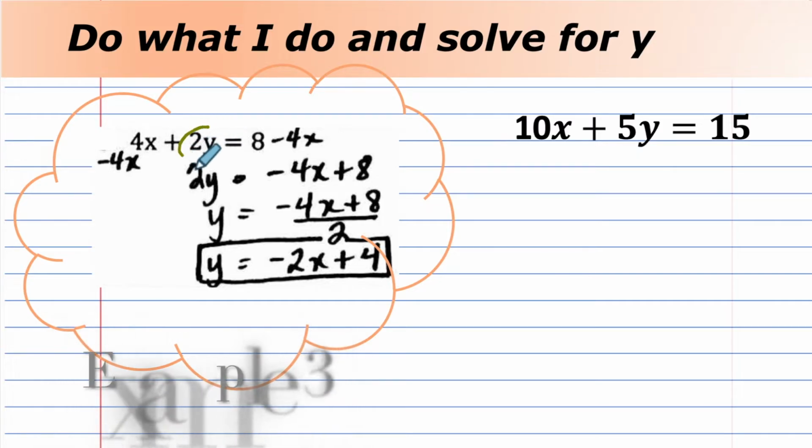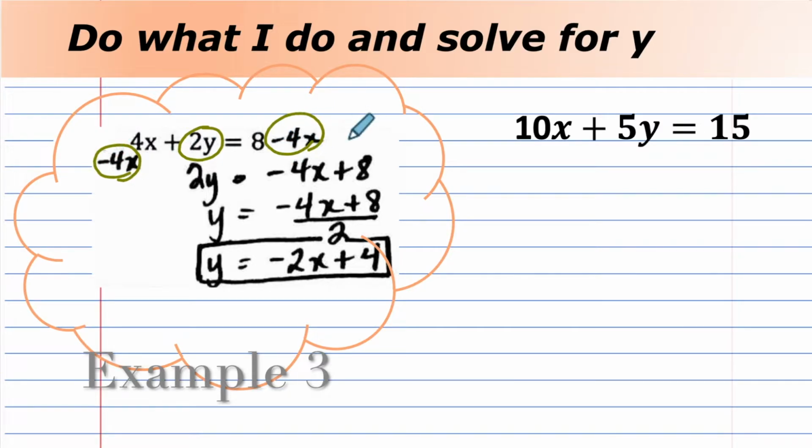First step, looks like I wanted 2y by itself. Therefore, I subtracted 4x from both sides. Let's do that over here. 5y by itself. This time we'll subtract 10x from both sides. 5y is equal to negative 10x plus 15.